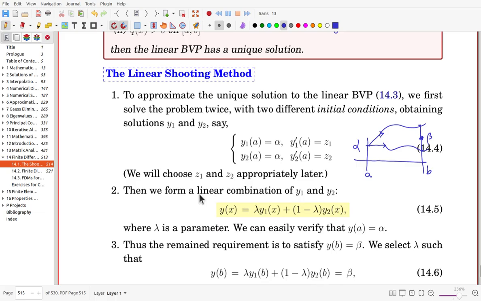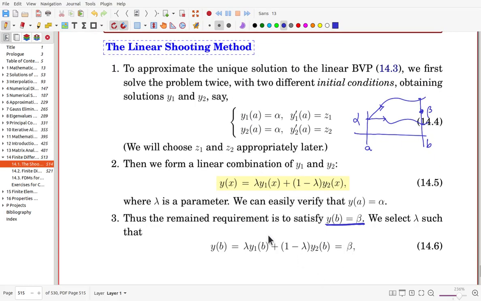Now we try to make a linear combination of y1 and y2, and in this case, lambda must be chosen such that y at A is already satisfied, but y at B must be beta. We have to find the lambda such that y satisfies this condition.